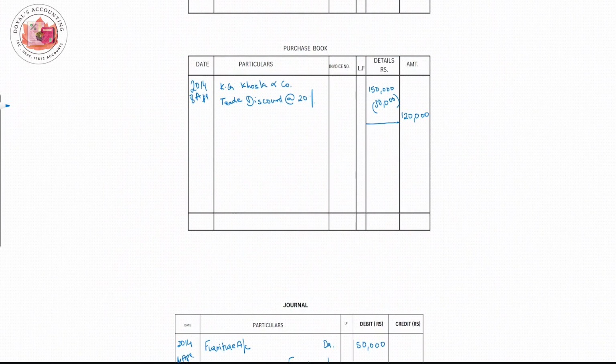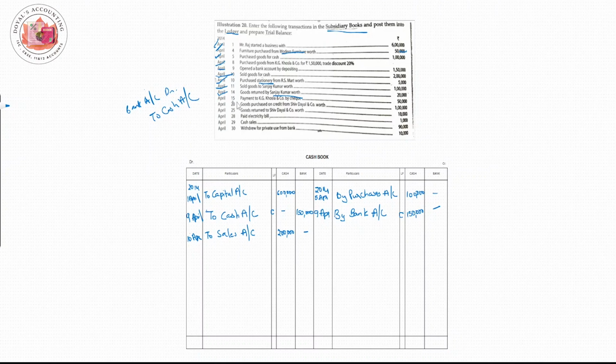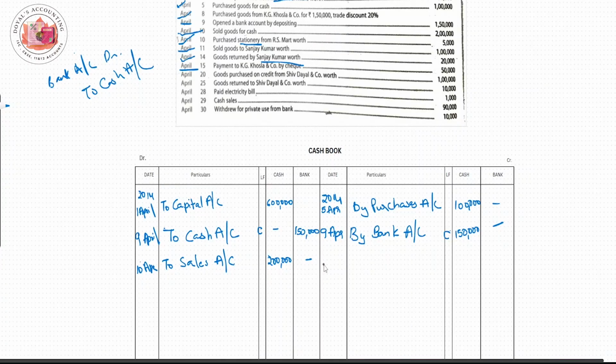Okay, let's go to the next transaction. We have made payment to KG Khosla by check for 50,000. Okay, so this will be recorded in our cash book. The date is 15th April. By KG Khosla, 50,000.